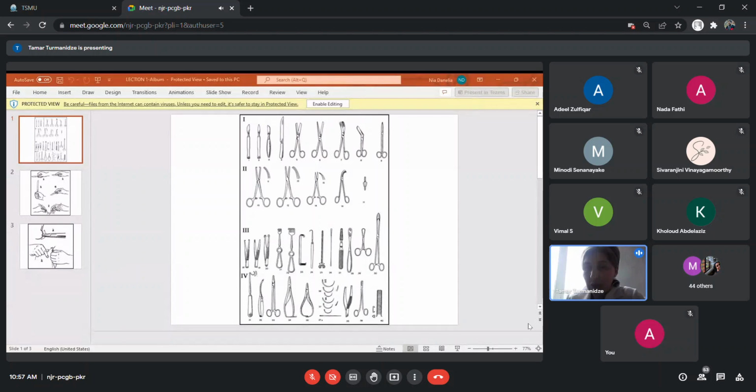There are some conditions when the pathological process can't be removed during the surgery. So there are cases where there is a non-operable tumor, for example, in the organ, but in this case a surgical intervention is done for the purpose of facilitating the patient's stay. Such an operation is called palliative operation.